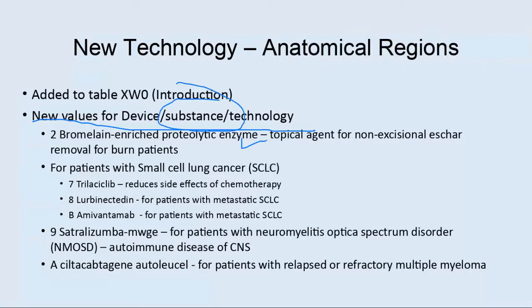For patients with small cell lung cancer, you have three new ones, three new substances. For patients with problems with the side effects of chemotherapy, or patients with metastatic SCLC. And then you have a substance for patients with neuromyelitis optica spectrum disorder, and also for patients with multiple myeloma.